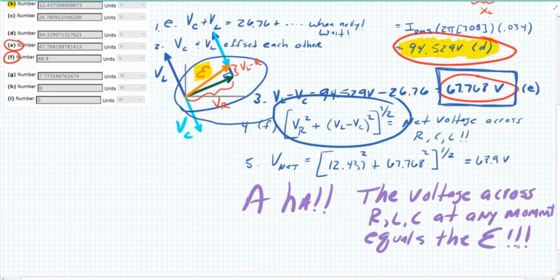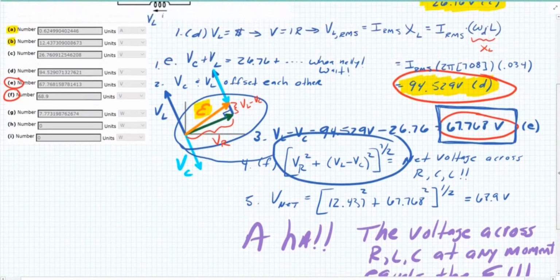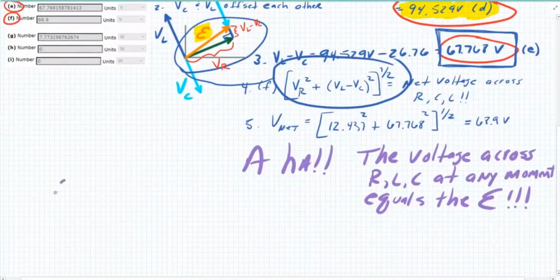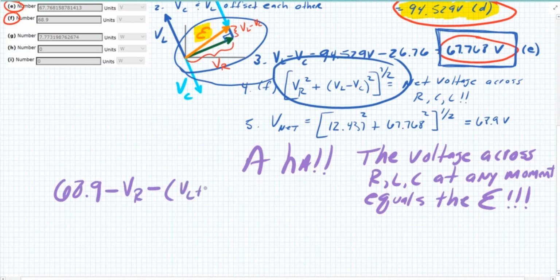If we go around this circuit, my voltage source was 68.9 in, then I have a drop across the resistor, then I have a drop across the VL plus VC.